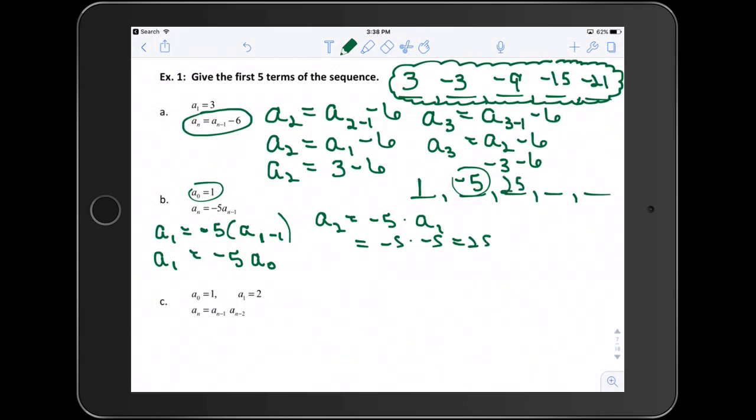So interestingly enough, letter A, obviously we're writing it as a recursive sequence or a rule, but hopefully you also recognize that it is an arithmetic sequence that you could clearly write an explicit rule for as well. Letter B, it's a geometric, because the ratio is negative 5.